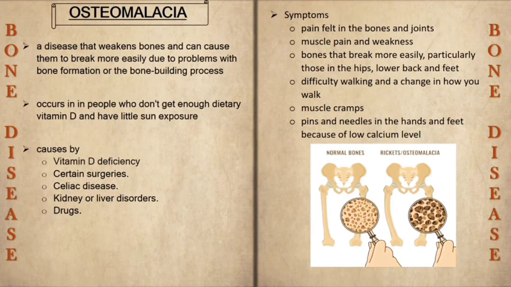From the picture shown, you can see the difference between normal bone and osteomalacia. In osteomalacia, the total mass of bone may be normal but it is soft and weak because it is not properly mineralized. In children, osteomalacia is known as rickets.